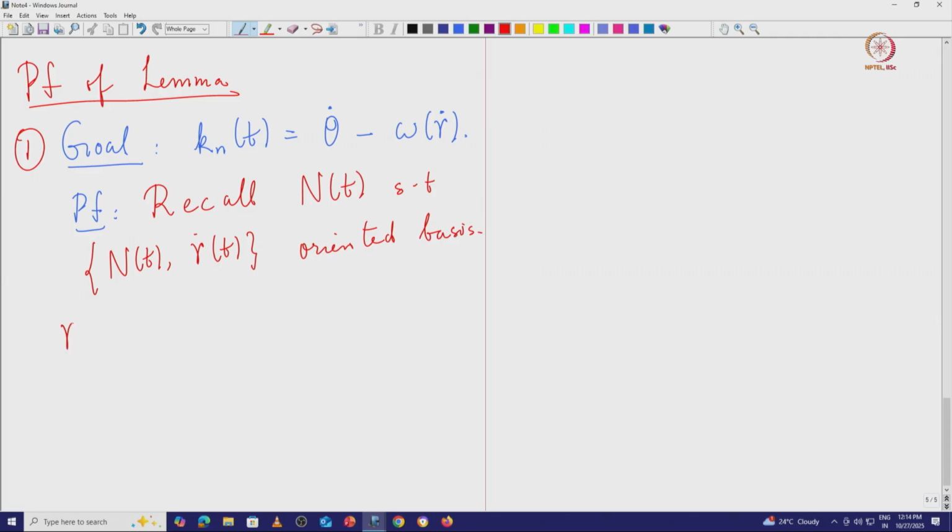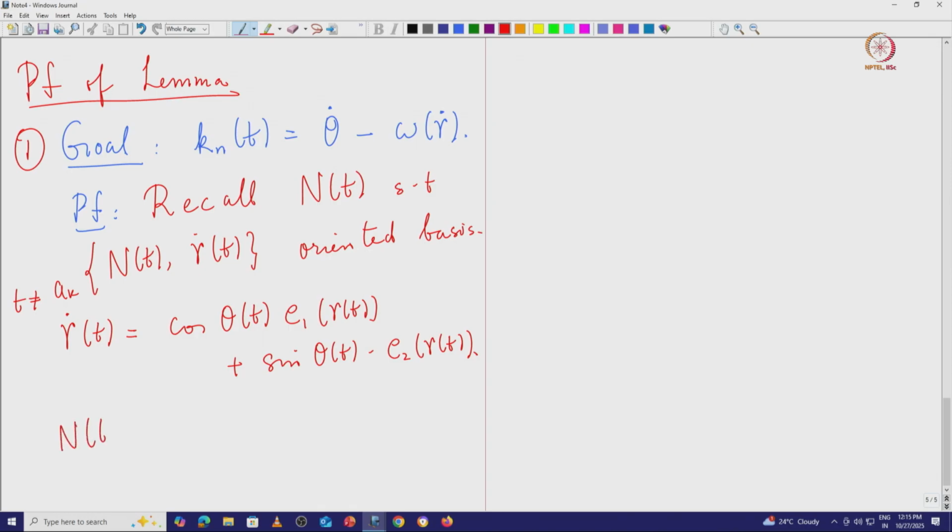Also from our definition, what is gamma dot? This is how we had constructed t. So for all the smooth points, gamma dot is precisely given by this. On the other hand, what is n of t?